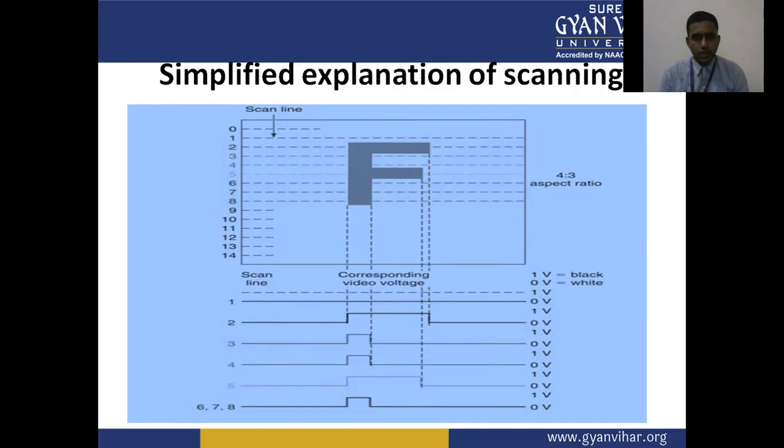This is the scanning process, horizontal scanning and vertical scanning. In horizontal scanning, we scan from top left to right, and the retrace period is from right to left. Similarly, in vertical scanning, the image is scanned from top to bottom.